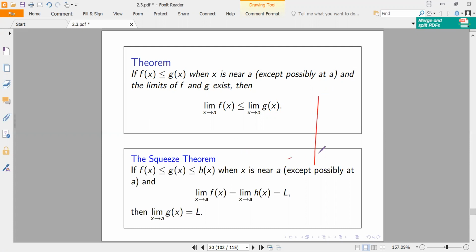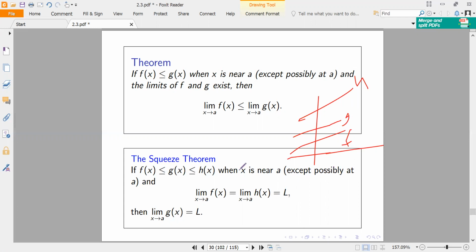In other words, your h will be there, your g will be somewhere here, and your f will be somewhere here. So the function g is always between the function h and the function f.